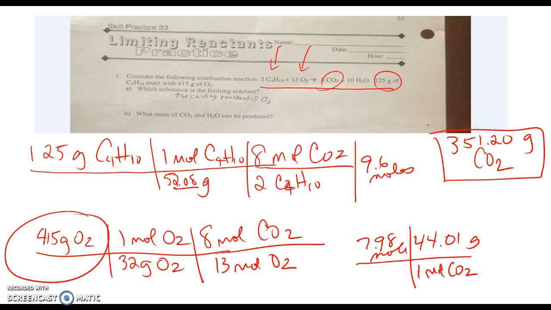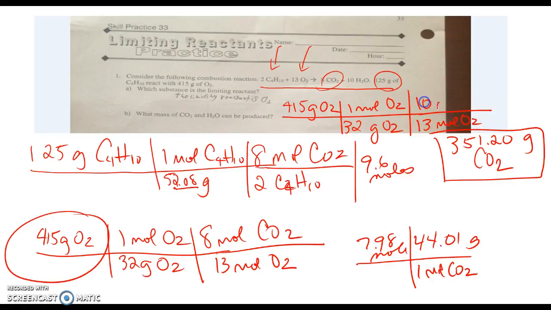Now let's do the same calculation. We're going to start with 415 grams of O2, and we're going to work with how much water will be produced. 32 grams of O2 in 1 mole of O2. For every 13 moles of O2, I get 10 moles of H2O, and then 1 mole of H2O is 18.02 grams.